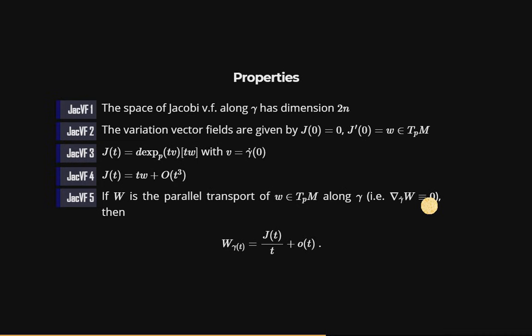So if W is the parallel transport along gamma of a vector small w, so the covariant derivative of W with respect to gamma dot is 0, and W at gamma 0 is small w, then you can write this expression. So the value of W at gamma t is J(t) over t plus an error term which is little o of t.